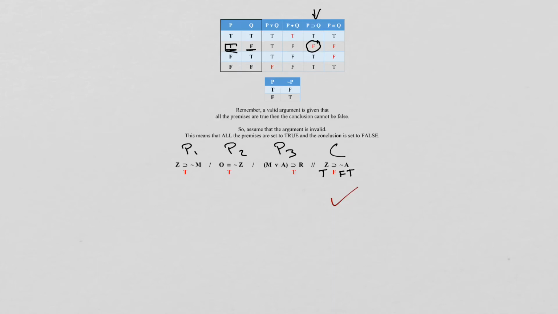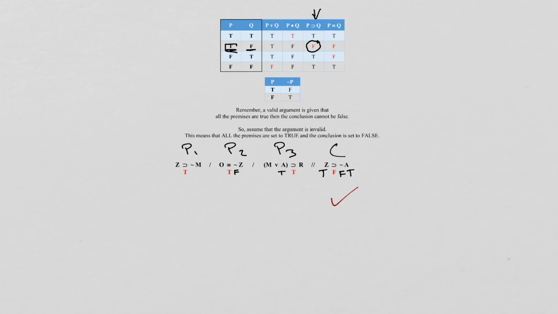Now we need to backtrack. Always remember to fill it in. So we have Z is true, so not Z is going to be false. And A is true, so we'll put that one right there. Okay, so now we need to go back. I'm thinking premise 2. At least we got some information now. So we have a triple bar.